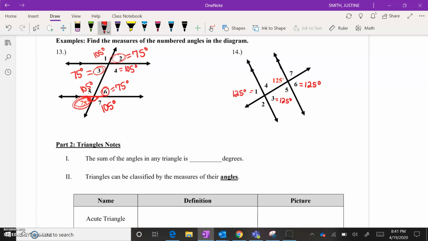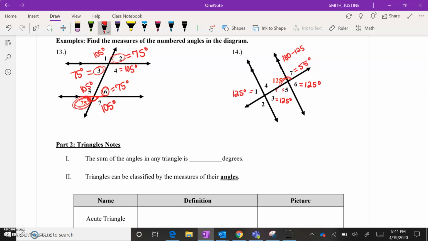So now I'm going to say, okay, I know that the 125 and angle 7 form this straight line again. So if I do 180 degrees, which is a straight line, minus the 125, that would give me 55 degrees. Okay, and so I know angle 7 and angle 5 are vertical.